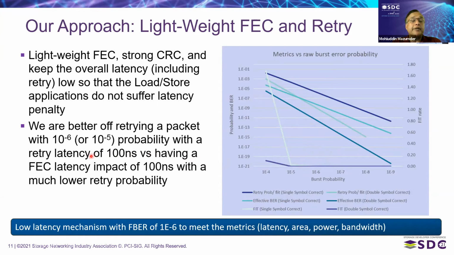And we take advantage of a retry latency of 100 nanoseconds, but instead of going for a 100 nanosecond latency FEC, we make use of link level retry with 100 nanoseconds and keep the probability of that retry very low, overall giving the failure in time in a range that is compatible with the same reliability that we have always enjoyed with PCIe.